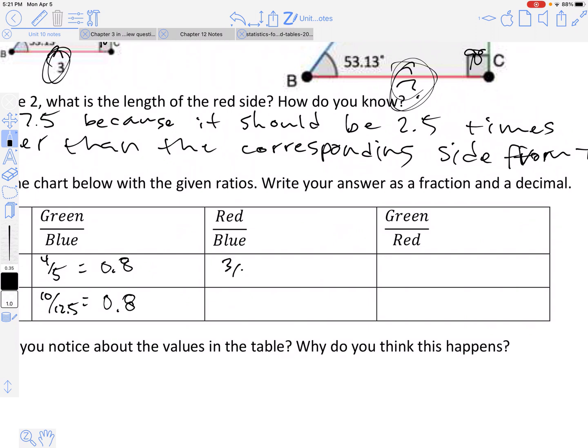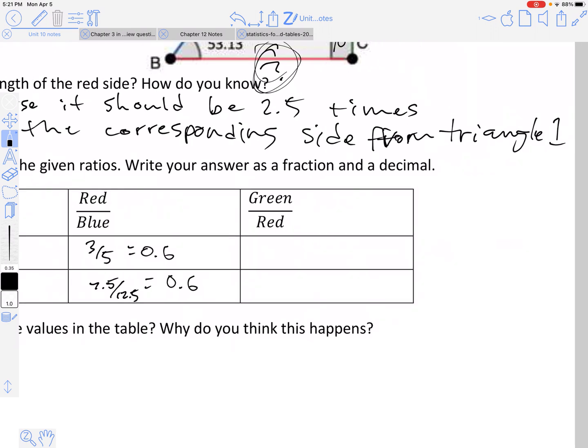And then this side, we had 3 over 5, the red to the blue. That gave you 0.6. And then 7.5 over 12.5 gives you 0.6. And then 4 over 3 gives you 1.333. And then 10 over 7.5 gives you 1.333.